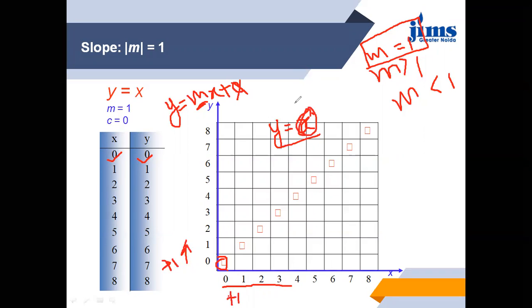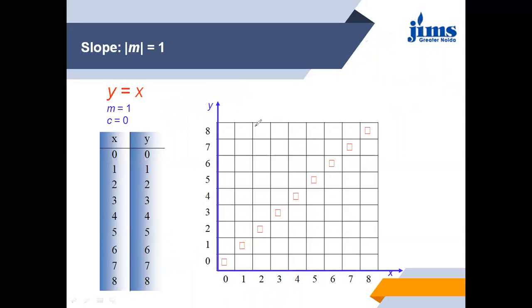Meaning if we increase the value of x by 2, then the value of y also increases by 2. These are proportional to each other, so there is no problem in the case of slope when the slope is 1.